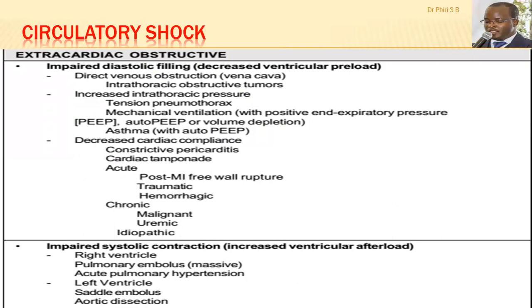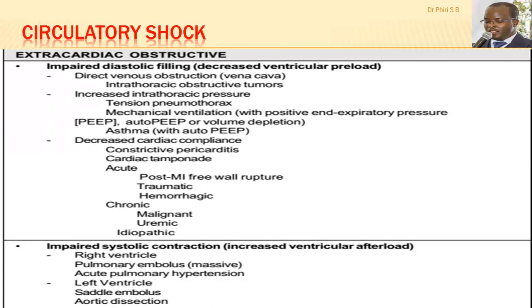In the case of the vena cava, you can have intrathoracic obstructive tumors, the tumors that are developing within the thoracic cavity that will be compressing the veins and also the heart. Increased intrathoracic pressure is putting more pressure on those vena cava, the inferior and superior vena cava. So you have reduced compliance of the vena cavas or an increase in resistance.